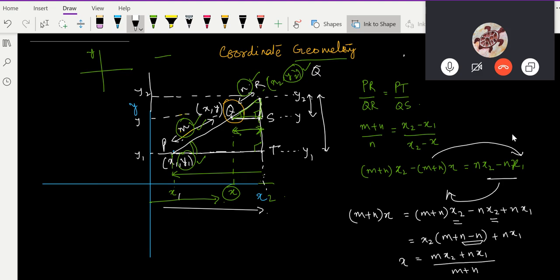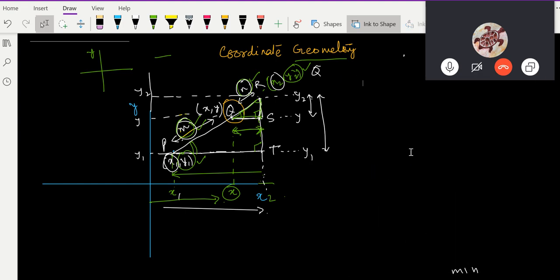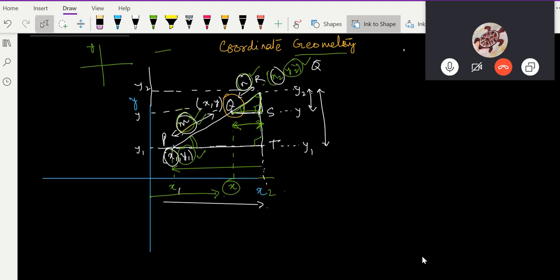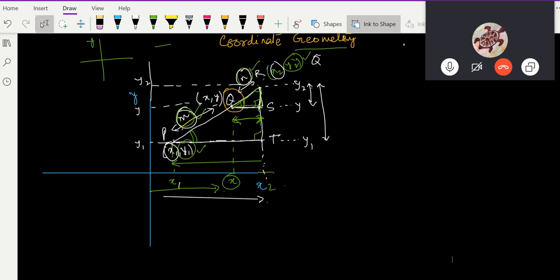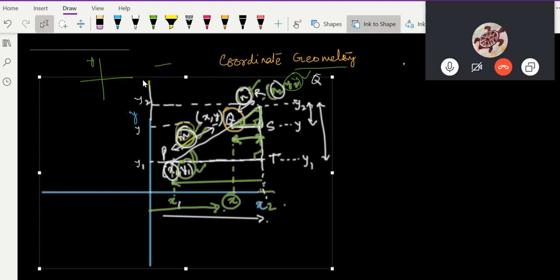Again you see it is a cross multiplication: m into x2 plus n into x1 over m plus n. So this is how you can calculate the coordinates of the point which divides a line into a certain ratio. Now, let us see one more thing.